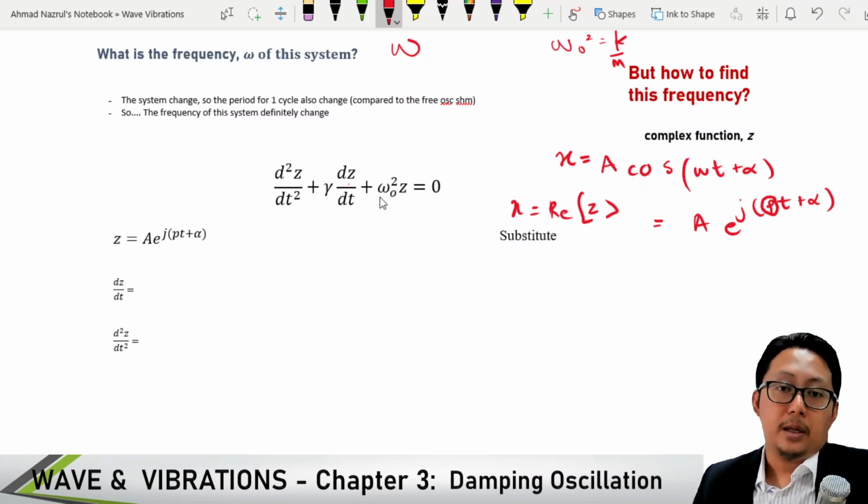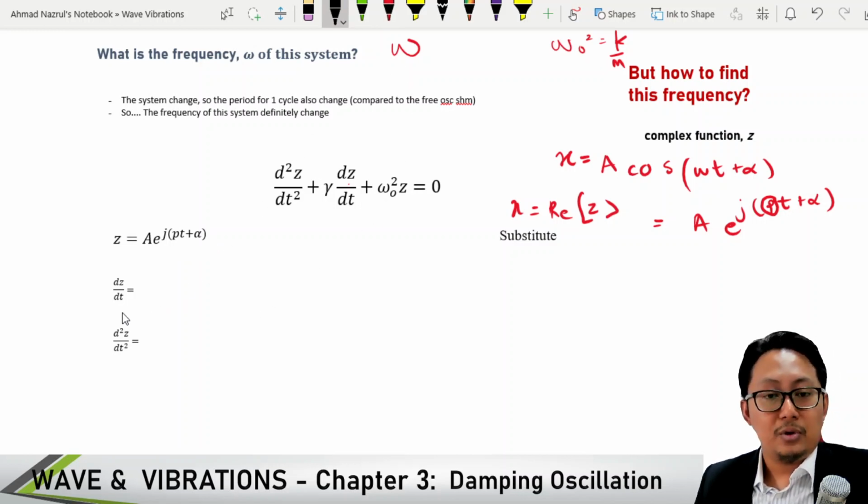Now differentiate. For those who do not remember how to differentiate the exponential, it is easy, because when we differentiate the exponential it stays the same. A is a constant at the front and does not affect the differentiation. We differentiate inside: we have jpt plus j alpha.